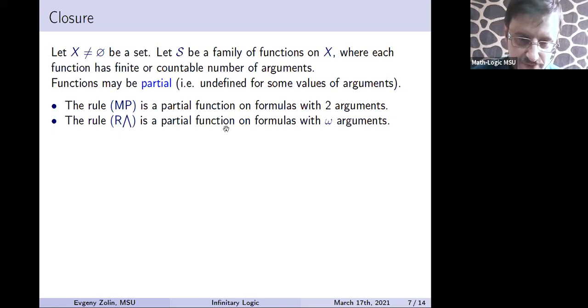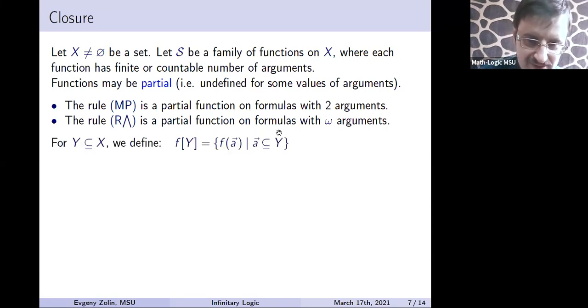So it is a function, but only partial function, and it has omega arguments. So our rules are special cases of this set of functions. Now, like in the previous slide, let us apply these functions to the set.